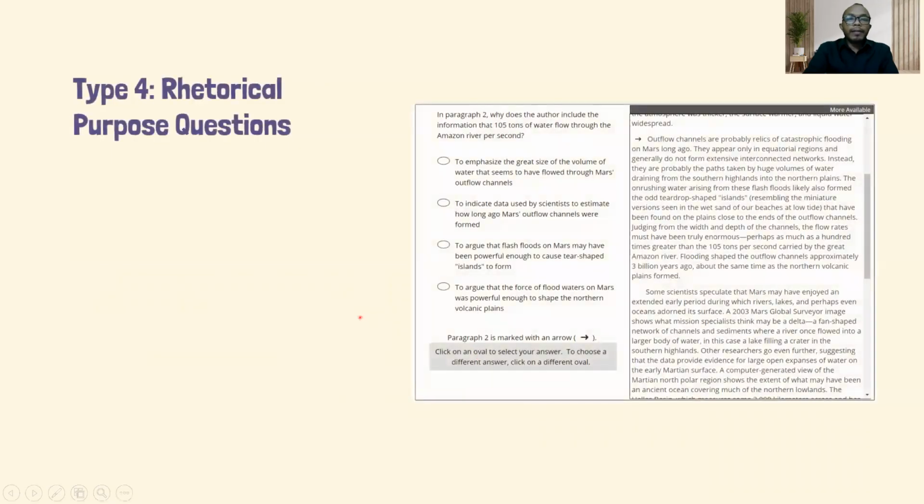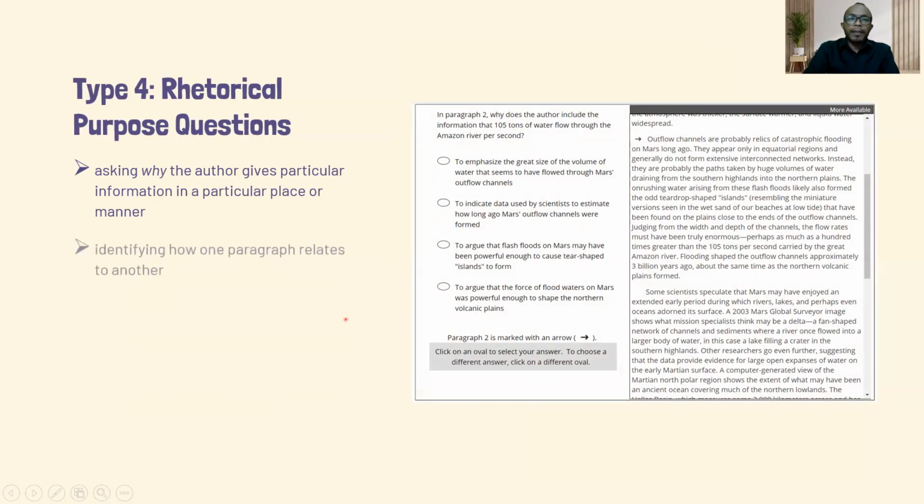All right, the fourth type, the rhetorical purpose question. As its name already hints, it will ask you to identify the reason, the purpose, why the author, the person who writes or creates the text, provides a certain or particular piece of information, okay, in a specific place or manner in the passage.